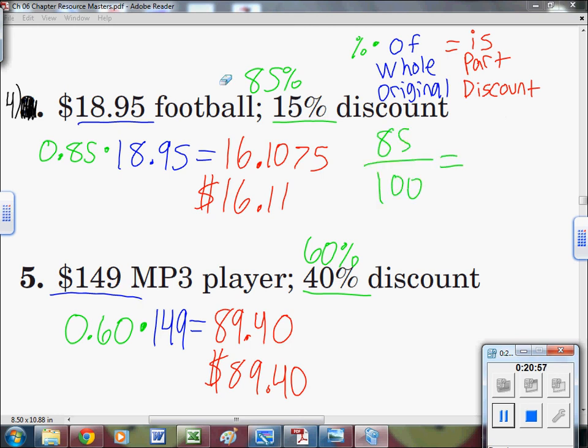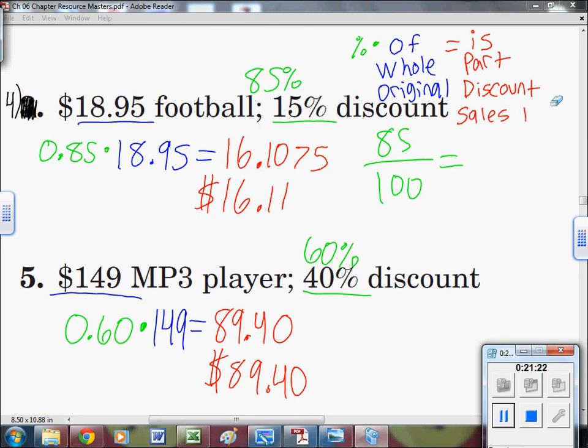The 85% over 100 is going to equal your "is" over your "of," or your discount over your whatever. So in this case, if you're using the shortcut, this formula is going to give you the sales price, because this interpretation up here, the discount amount, was if you were doing method number 1. But if you convert this for method number 2, what it equals is your sales price.